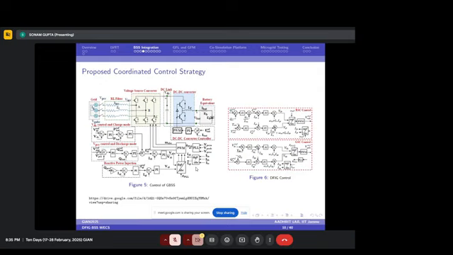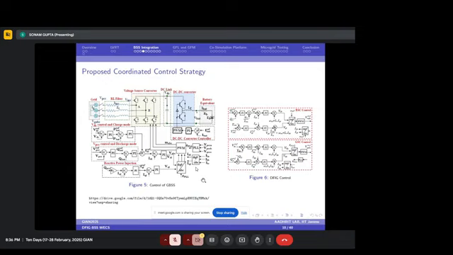So whenever there is a change in the voltage at the point of common coupling and it increases to the target value, then accordingly the mode of operation will be changed for the battery storage converter and for the DFIG control. Because under normal conditions, the reactive power is managed by the rotor side control of the DFIG.